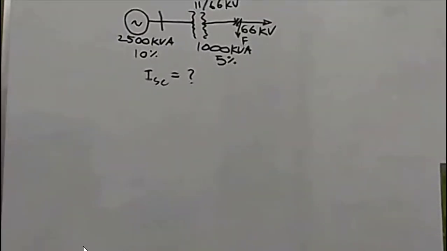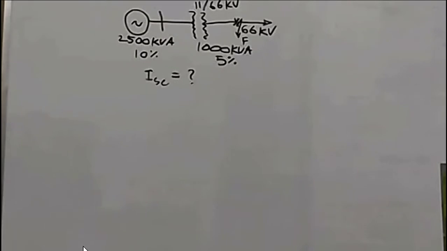Reactor means coil. We can reduce the short circuit current. If we know it, then we can select a circuit breaker for the line. If in future there is a fault, that circuit breaker will open the line and the circuit will not burn.